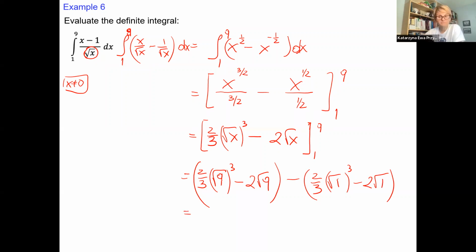Square root of 9, Deepan, you have your calculation. Square root of 9 is 3. 3 to the power of 3 is 27. 27 divided by 3 is 9, times 2 is 18. Yes, you have 18. Minus 6, because yes. Okay, and this one will be 2/3, and subtracting negative 2. Okay, and what is it? It is 40 over 3.